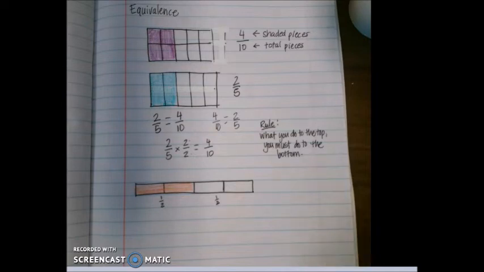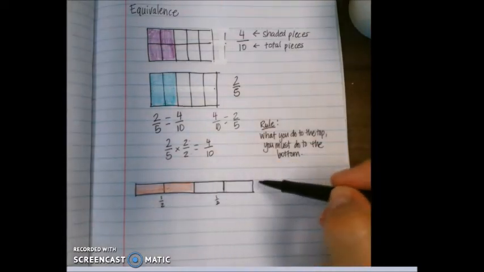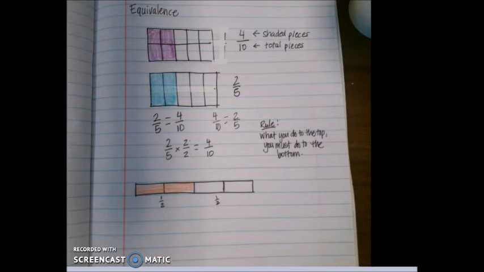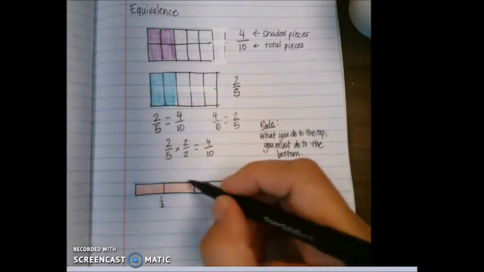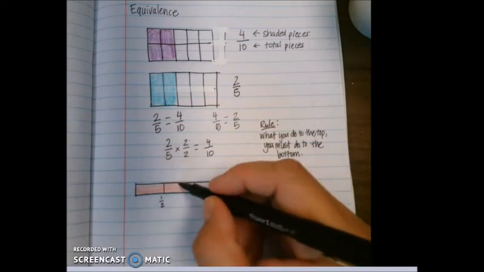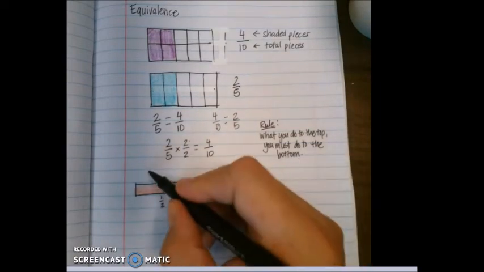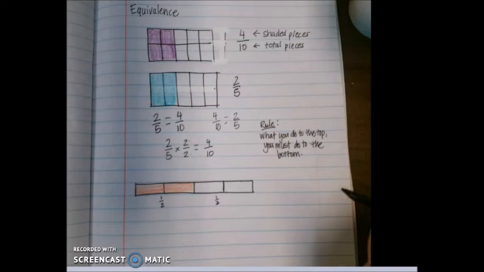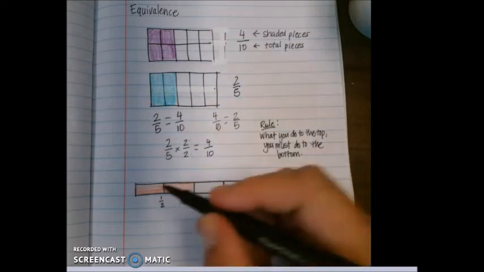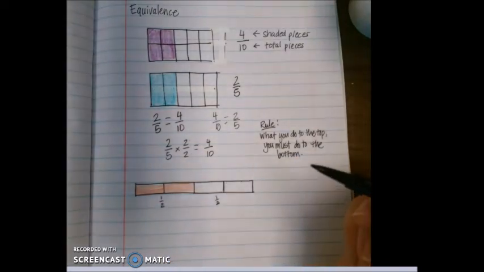So now what would you call each of these sections in fractions? Brayden. So together they're 2/4, but each one is what? This whole piece is 1/2.